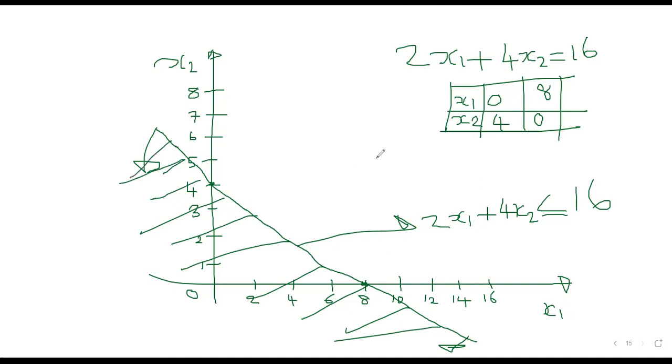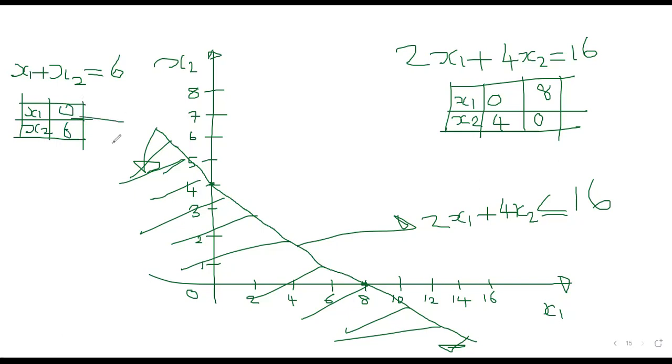Then the other one is x1 plus x2 equals 6. So this is just about how you present using the graphical way. If x1 is 0, x2 will be 6.